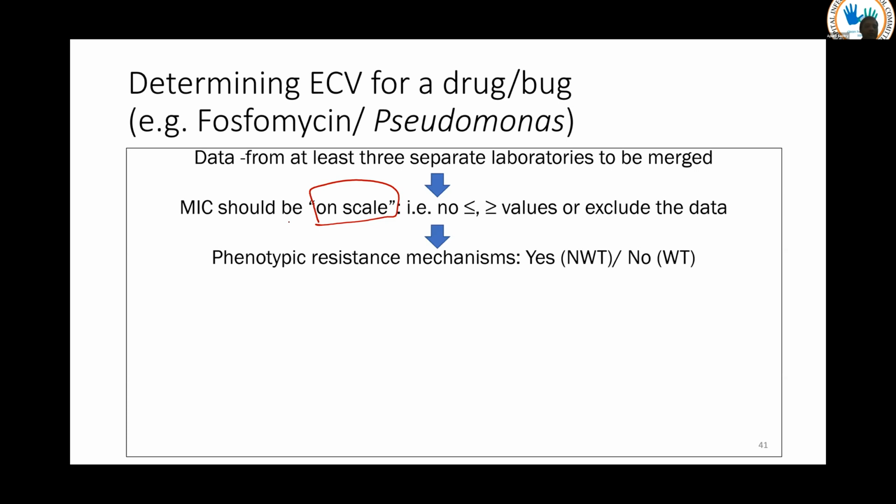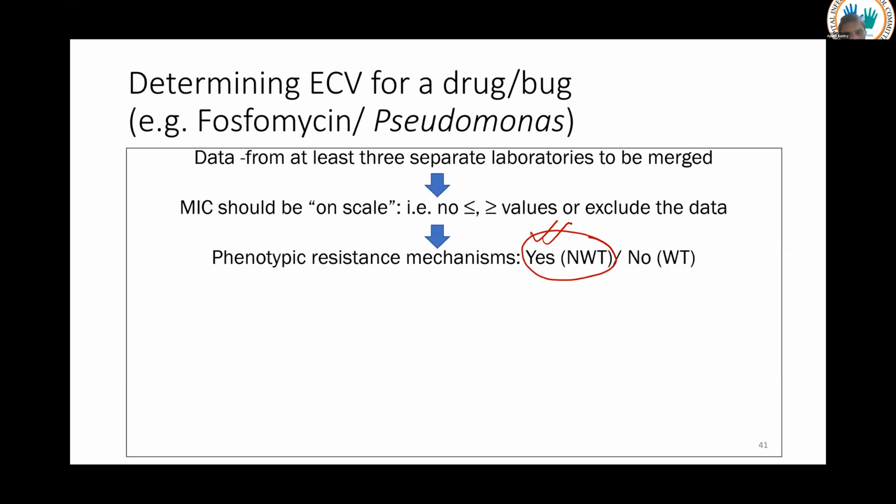Then you also ask the lab to detect any phenotypic resistance mechanism, any resistance mechanisms that are available for phosphomycin for Pseudomonas. So the lab also has to use the various resistance mechanism detection methods to see whether any mechanism of resistance is present. If a mechanism of resistance is detected, the lab can denote those strains as non-wild type strains.